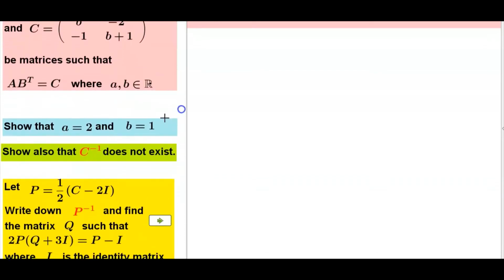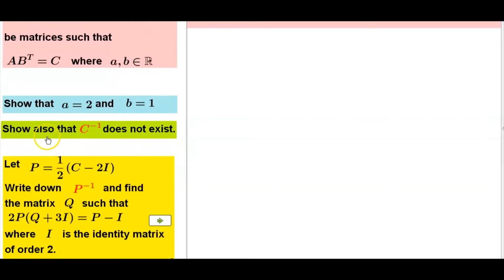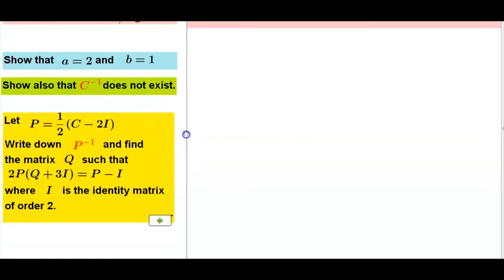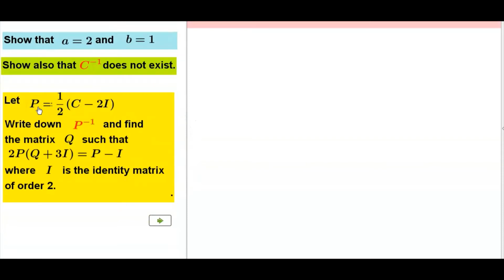Show that A is equal to 2 and B is equal to 1. Show also that the inverse of matrix C does not exist. Last part, let P be equal to half into C minus 2I.